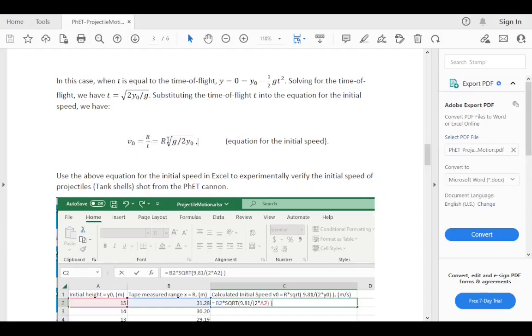In that case, the initial speed is given by the range, how far it goes, over the time of flight, how long it takes to go there, and that equation is the range times the square root of g over 2y0. So let's look at how we're going to collect our data and then use this equation to verify the initial speed corresponding to shots fired.